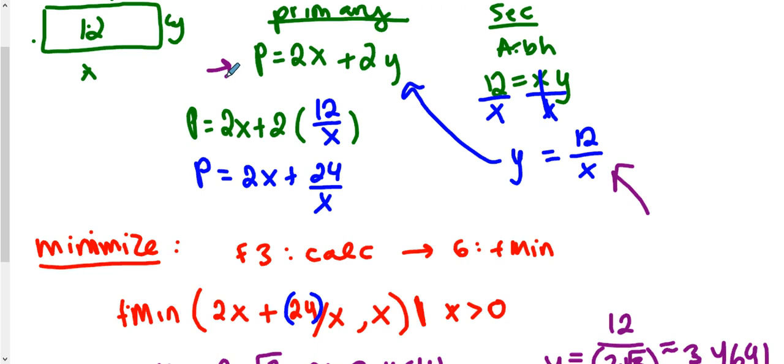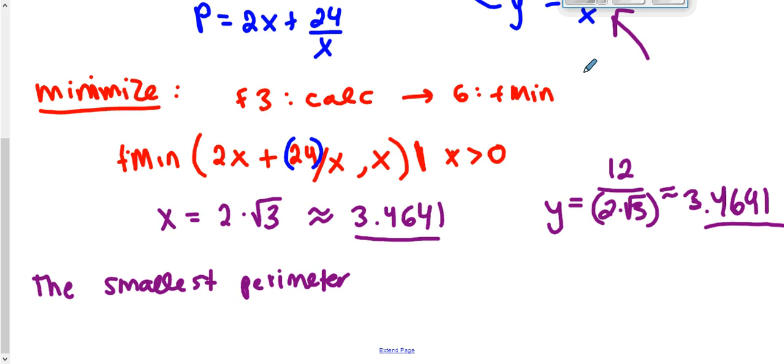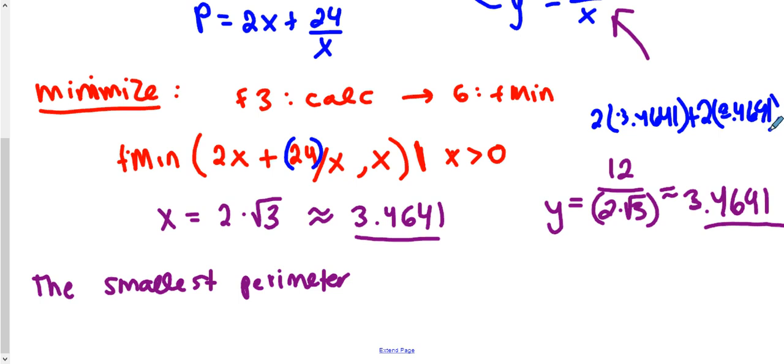Okay, so when we do that, we do 2 times, so smallest perimeter would be, I'll do scratch work here, 2 times 3.4641 plus 2 times 3.4641 is our perimeter.